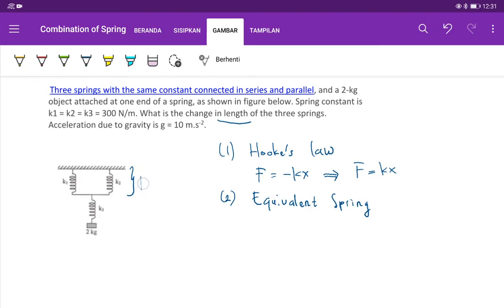We have K equivalent 1 here, because in the first part the springs are connected in parallel, and after that we have K equivalent 2, where the springs are connected in series. So first we focus on finding K equivalent 1, the springs connected in parallel. So K parallel in this part.